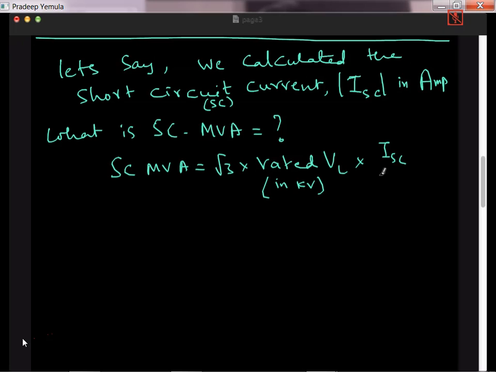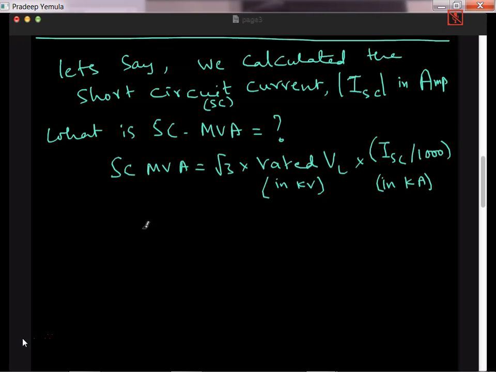Voltage I want in kilovolts and current I want to express in kiloamperes. Then I get the short circuit MVA. So how to convert the actual amperes into kiloamperes? Just divide by 1000. Whatever actual short circuit current you get, divided by 1000, you will get the short circuit current in kiloamperes, and with rated voltage in kilovolts and root 3, you will get the short circuit MVA. Okay, that is good.